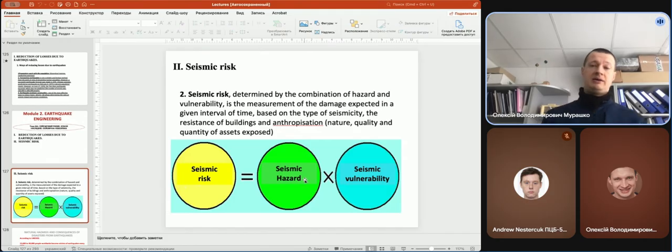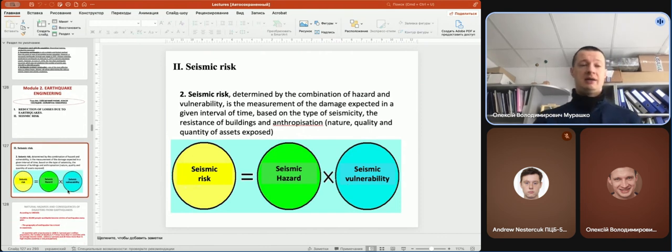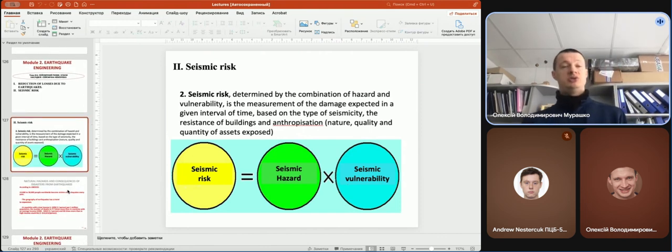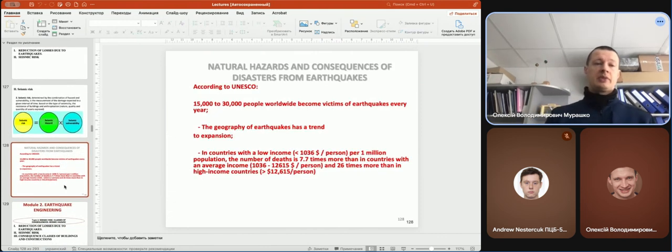And the main direction of our course is devoted to the seismic vulnerability. So how to reduce it? It is the earthquake engineering main goal.